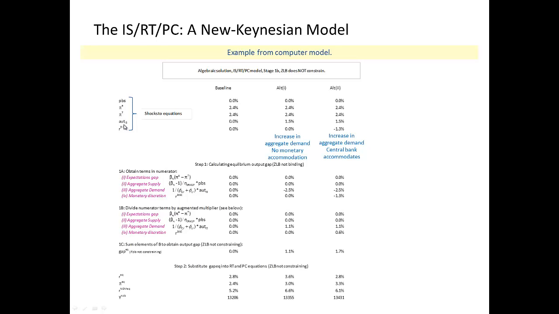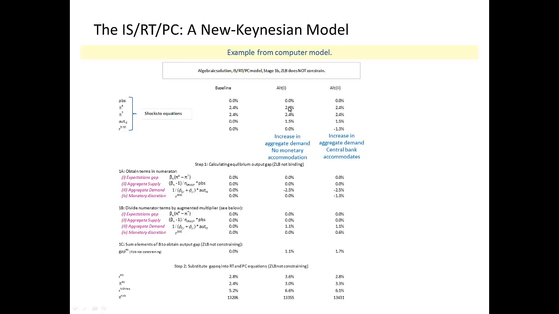Here is the autonomous shock to the IS curve, which is aggregate demand, and here is discretionary monetary policy along the RT curve, and we can see that expectations are aligned with the target.